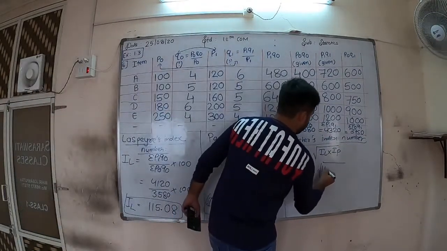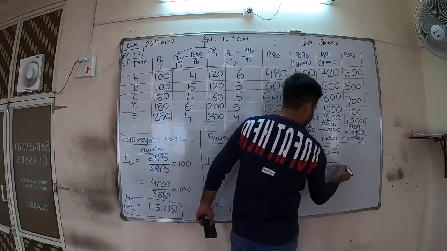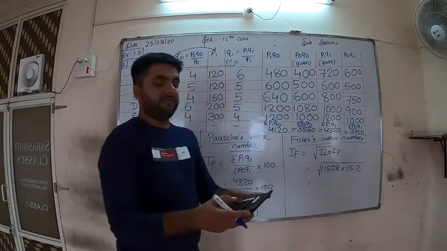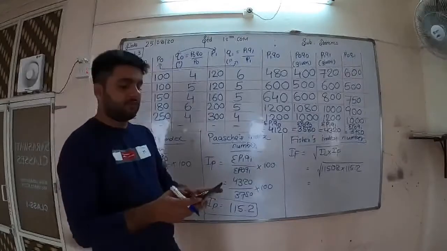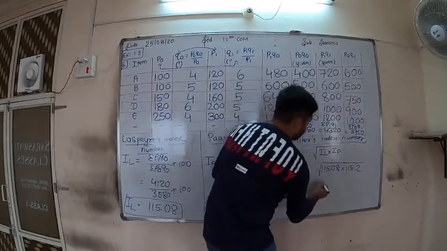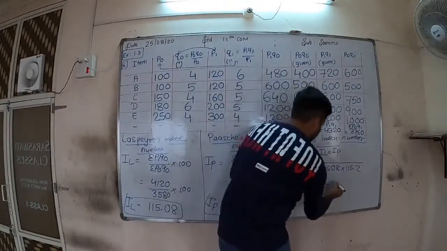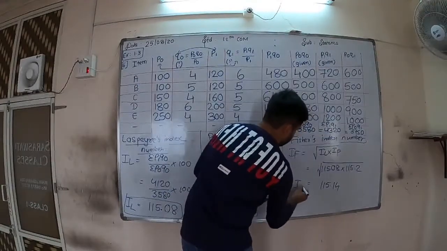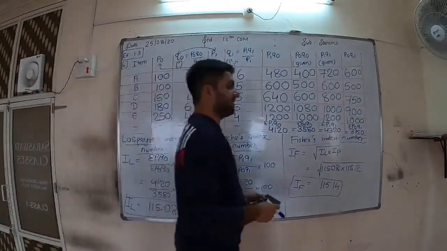So 115.08 into 115.2, and the square root is 115.14. This is our IF. Friends, that's all for the sum.